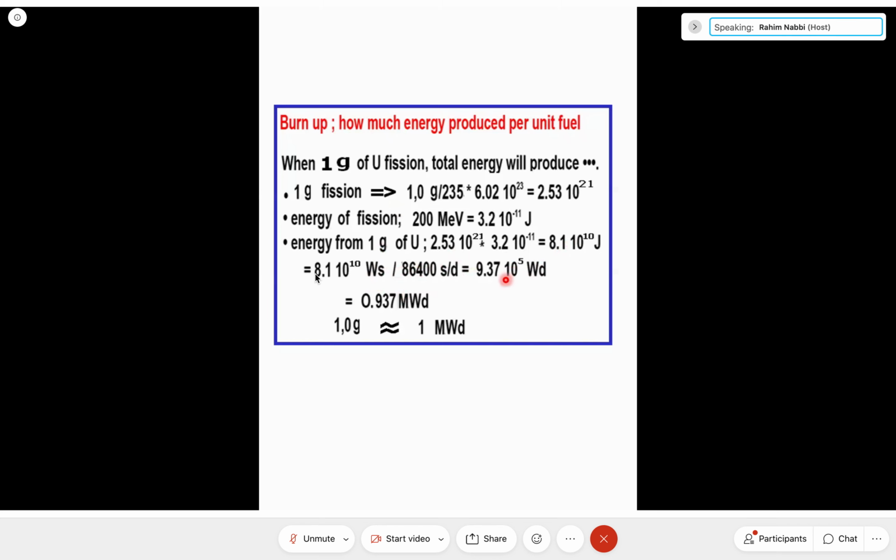If you divide again by 10 to the power 6, you would get megawatt. That means 1 gram of uranium-235 again, efficiently, you produce approximately here 1 megawatt day. That is only just for orientation.